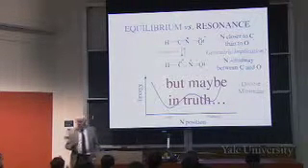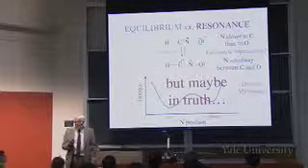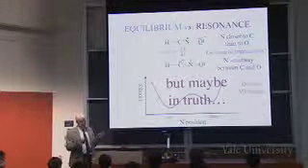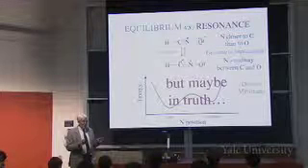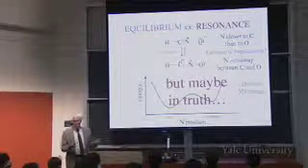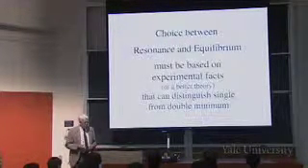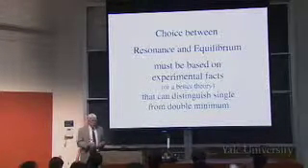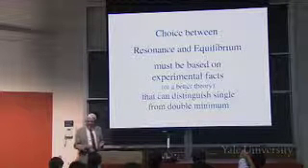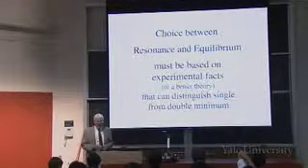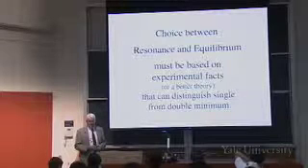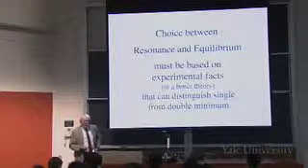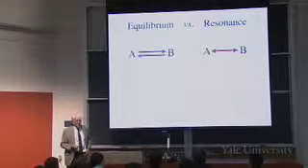Two different structures. So the question is, which is it? Is the real molecule a double minimum? Are there two structures, or is there in truth only one structure? So the choice between whether there's resonance or equilibrium must be based on experimental facts, or on a theory that's better than Lewis's theory, something that can distinguish between a single and a double minimum.